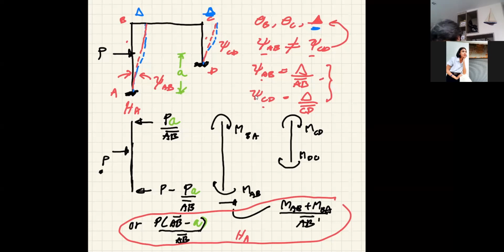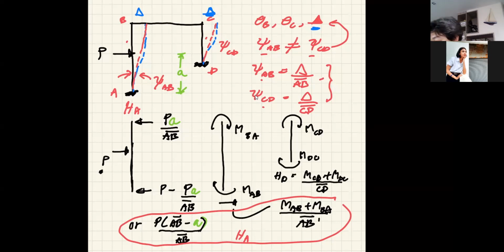And then you can have your HD is equal to MCD plus MDC over the length CD. Okay? And there you have it, your equilibrium equation in the end.